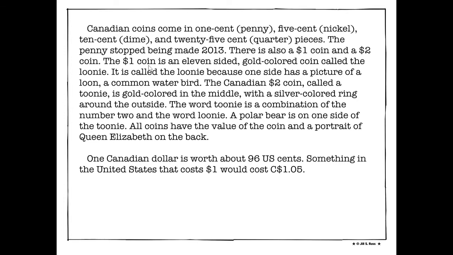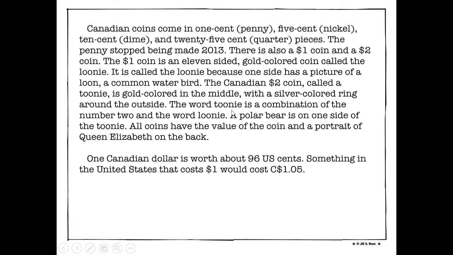The $1 coin is an 11-sided gold-colored coin called the loonie. It is called the loonie because one side has a picture of a loon, which is a common water bird in Canada. The Canadian $2 coin, called a toonie, is gold-colored in the middle with a silver-colored ring around the outside.